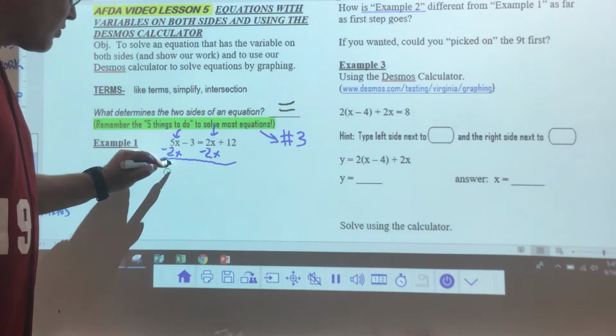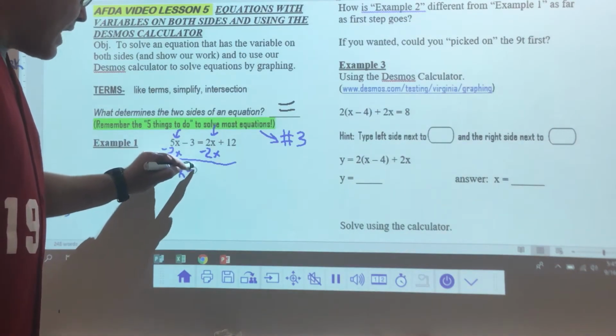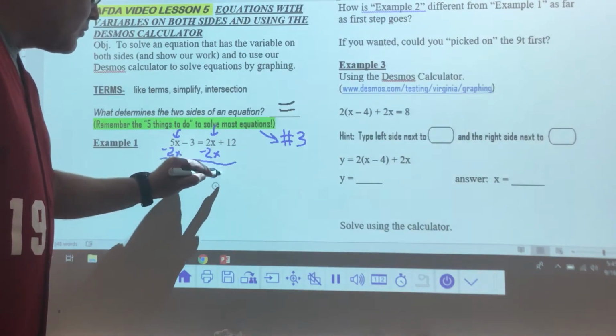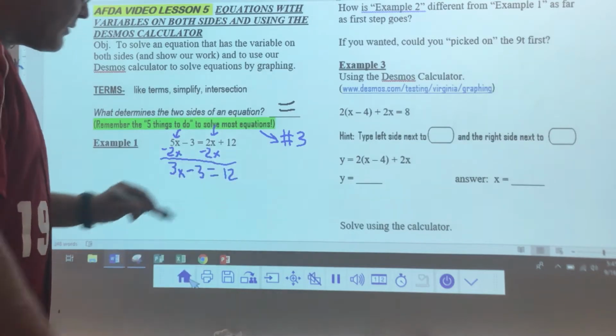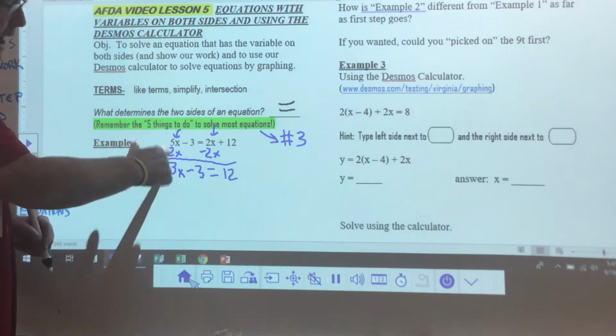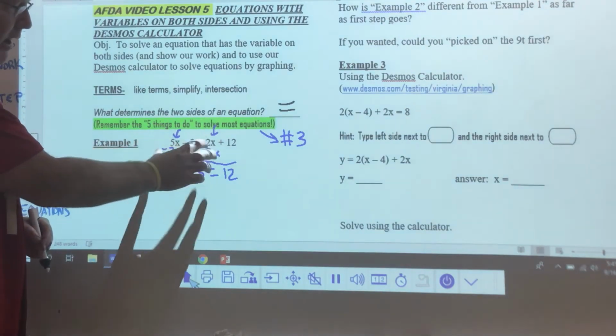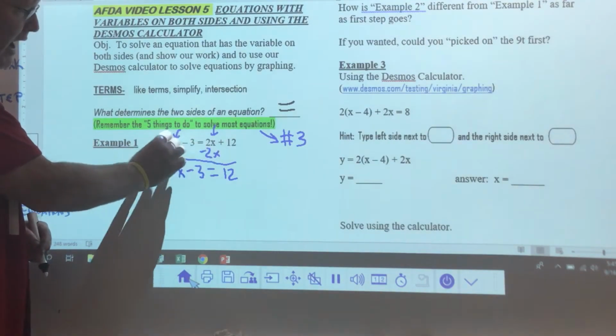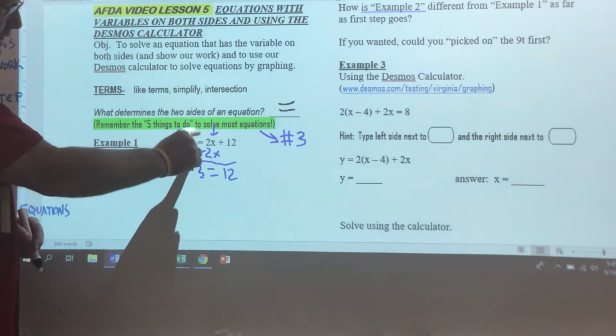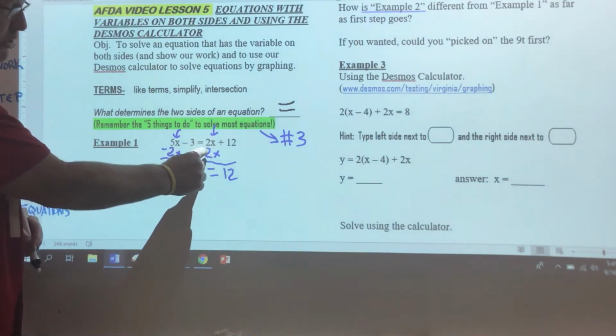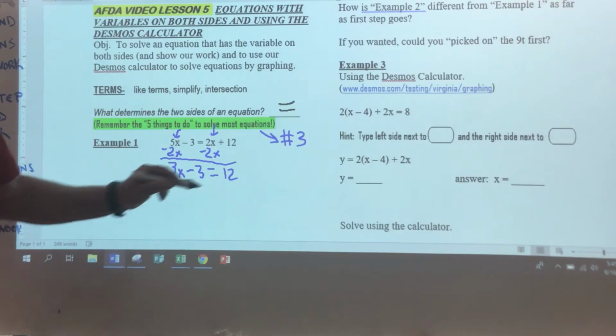Now we get 3x minus 3 is equal to 12. Right in here, guys, you're using your combining like terms skills. And notice how I vertically stacked that combining operation. So 5x minus 2x is 3x. Now 2x minus 2x is 0, and 0 plus 12 is 12.